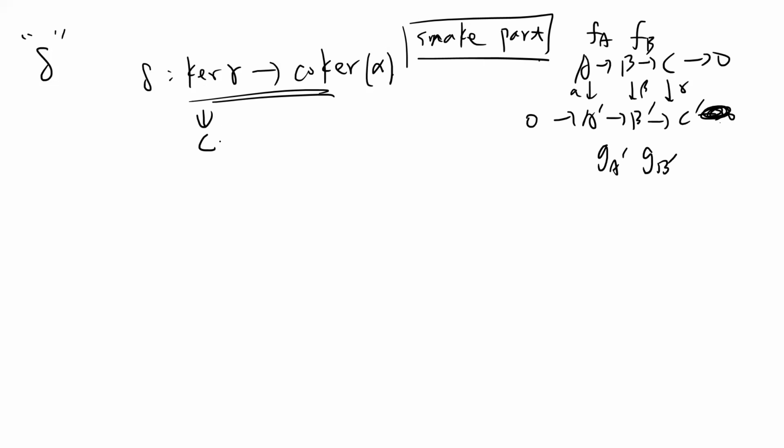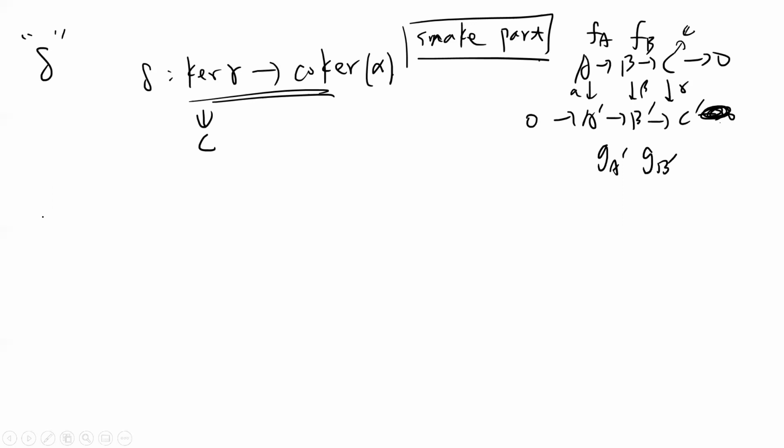We take C in the kernel gamma, and we need to connect it to kernel alpha, right? So somehow we need to twist the snake a little bit. Yeah, we know that this row is exact, right? So exact means that image becomes kernel, right? So if this C is mapped to 0, then you can find B.